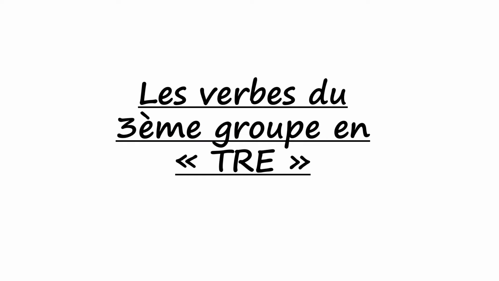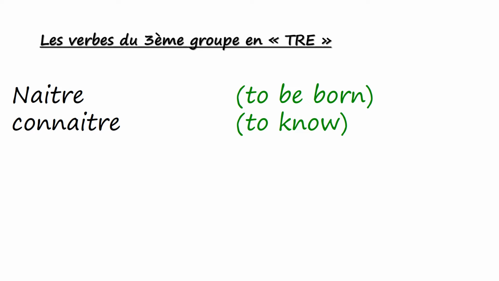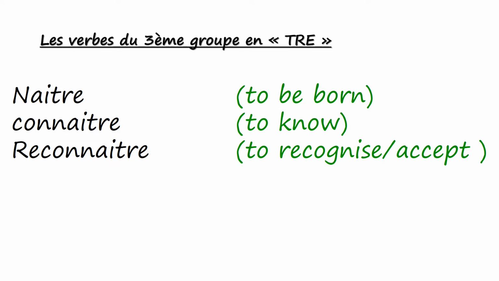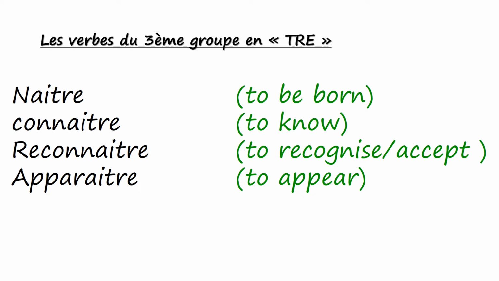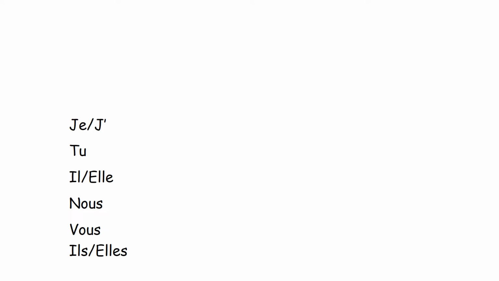The next category, the verbs which are ending in TRE. Let's see the examples: naître, connaître, reconnaître, apparaître, paraître. Now let's see how we conjugate the verb. We take the verb naître.